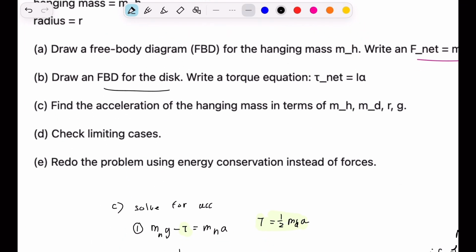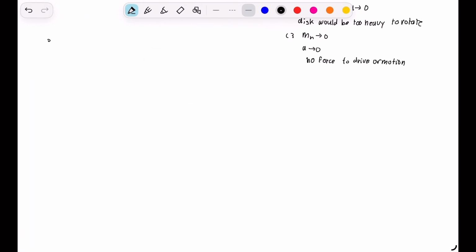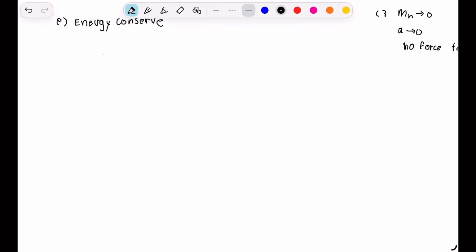Now we are asked to redo this problem using energy conservation instead of forces. So if we redid this with energy conservation, we can start off with the fact that the mass that is hanging is multiplied by our gravity and height.